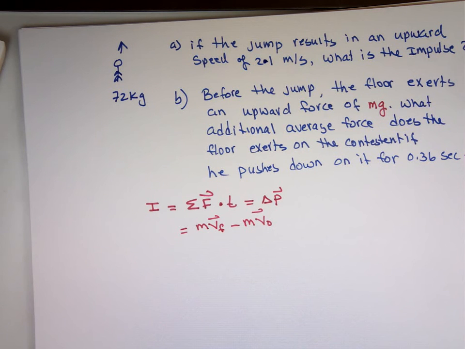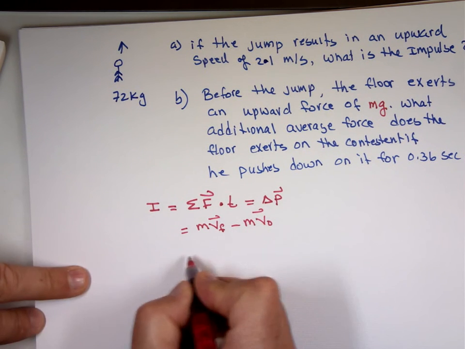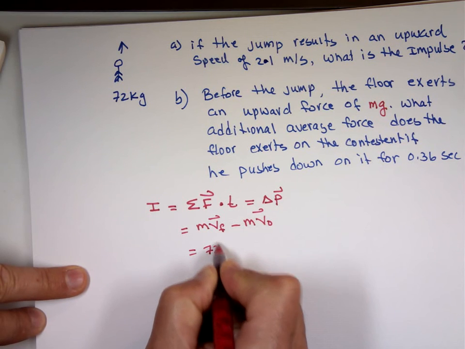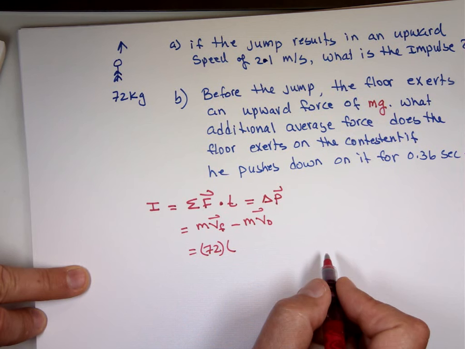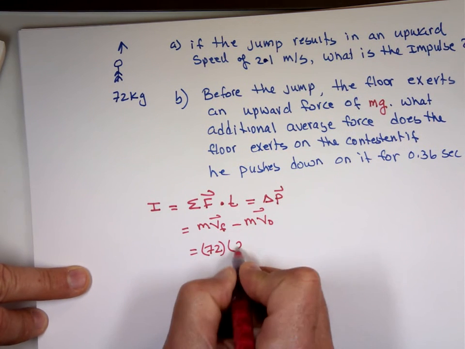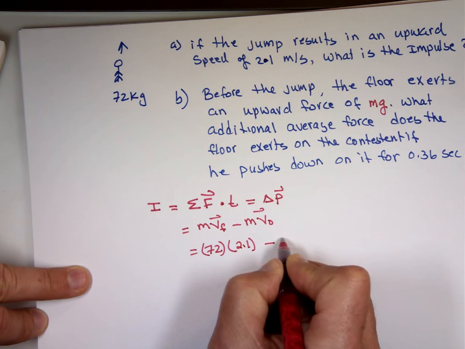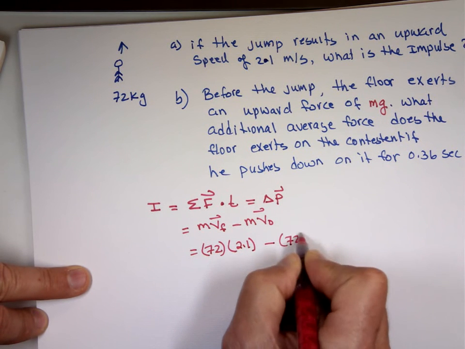Well, the mass of the person is what? 72. What was his final velocity when he jumped? In part A, it says he jumped with a speed of 2.1, minus the mass, which is 72. What was the initial velocity? 0.